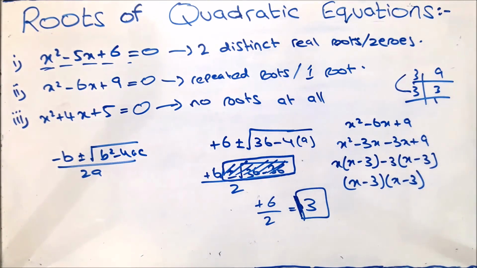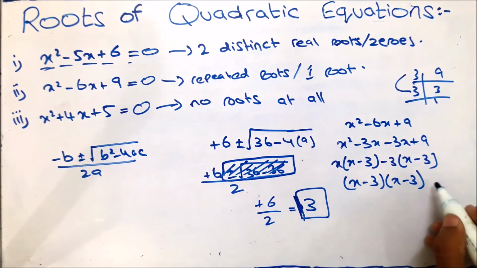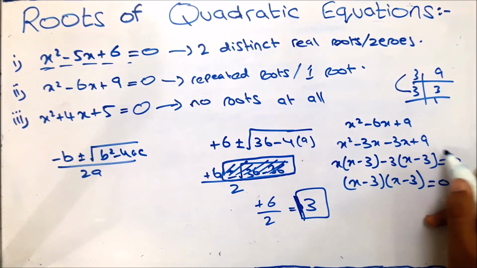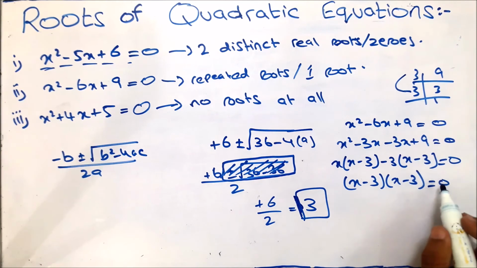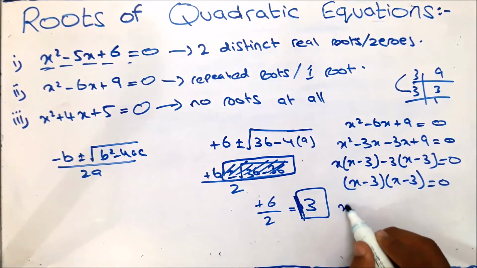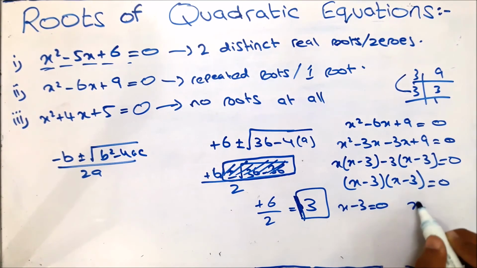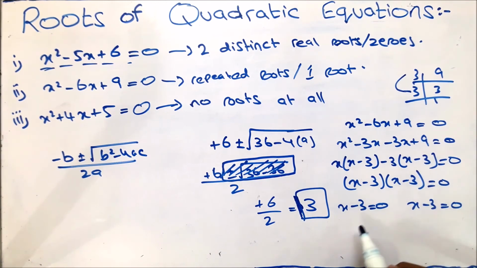We have to keep them equal to 0. When we keep them equal to 0, we get x minus 3 equals 0 and x minus 3 equals 0. We get x equals 3, x equals 3. This shows we have repeated roots. These two things show up 2 times. X equals 3, x equals 3.